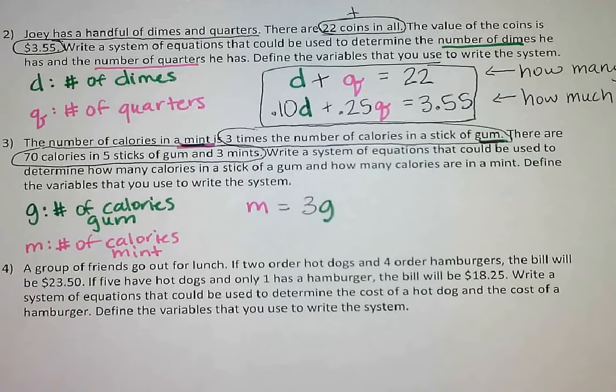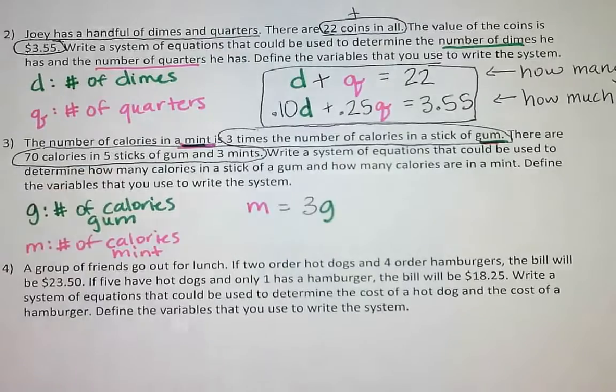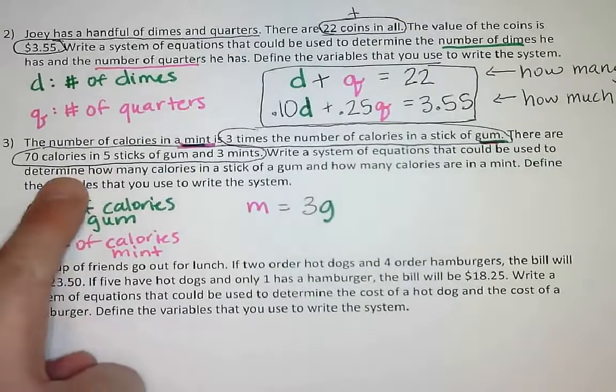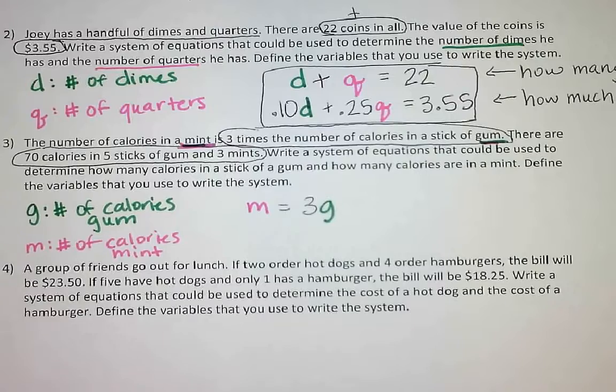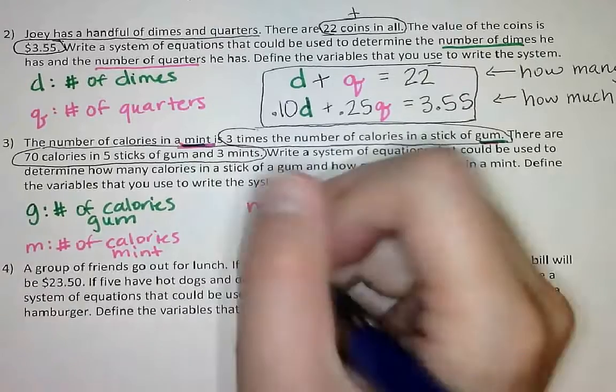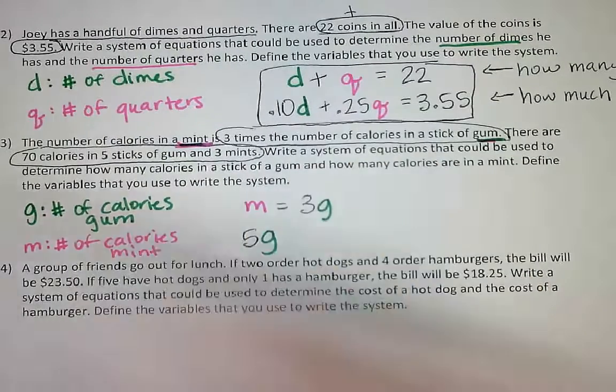So that's a how many equation. Now we're going to do a how much. 70 calories in 5 sticks of gum and 3 mints. So I'm going to go 5G plus 3M is equal to what? 70.